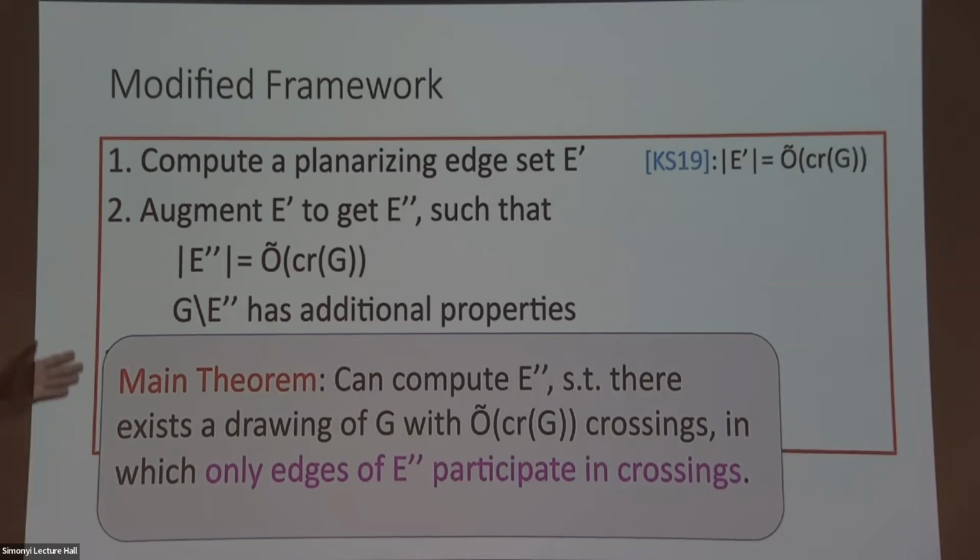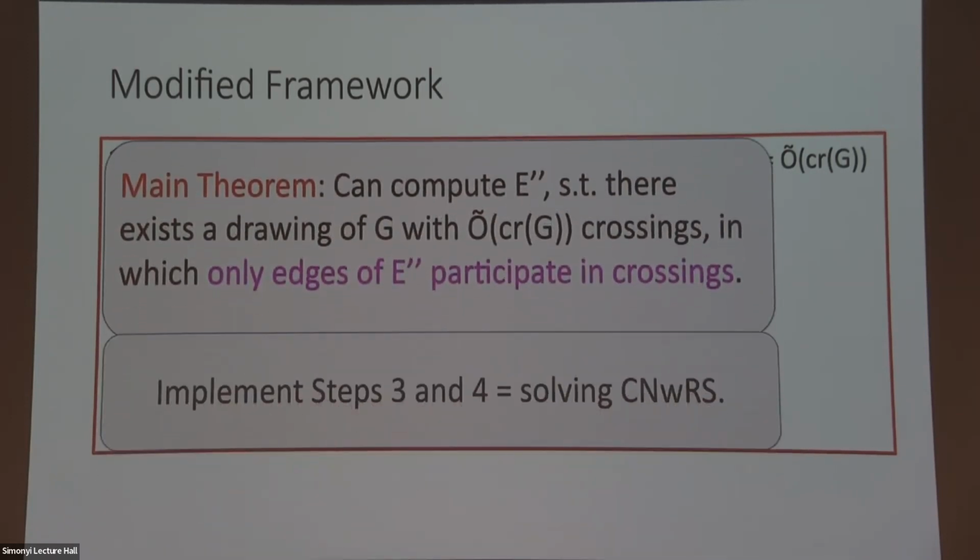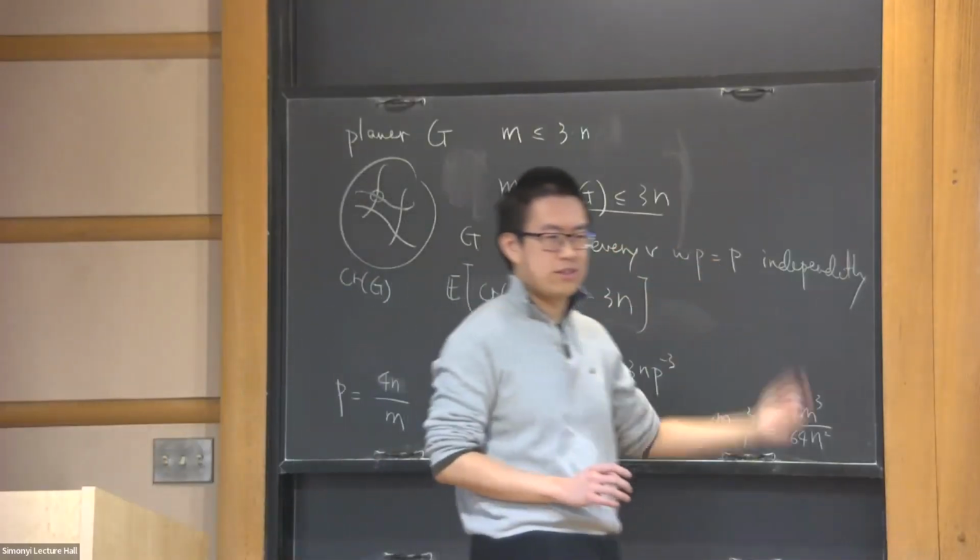Okay, so these are the first main results. And this is basically the reduction part. Okay. And what we show next is that if we can get this, then implementing the remaining third and fourth steps is actually equivalent to solving an instance of crossing number of this rotation system. Okay. And this is what we mean by reducing the problem to a rotation system. Okay.